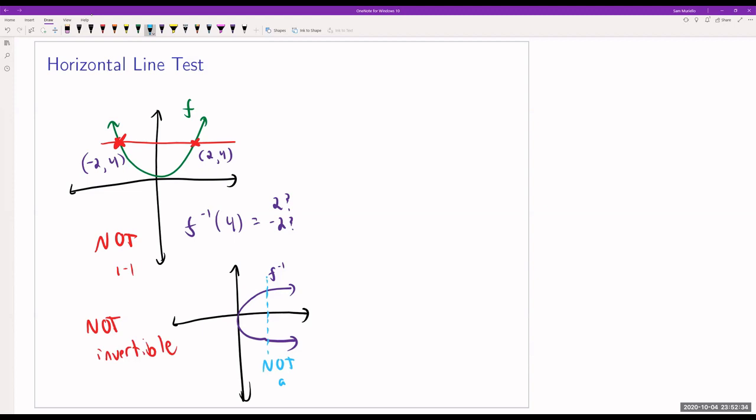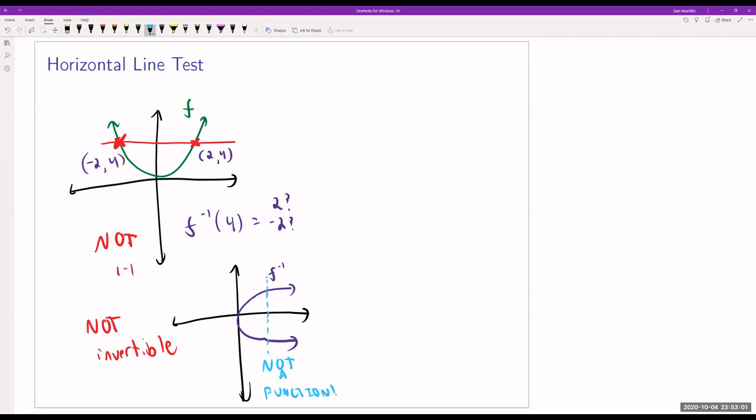Not a function. If we're not a function, then we can't possibly have an inverse. So if when you reflect it, you would fail the vertical line test, you're not invertible. And if reflection fails the vertical line test, that means the original would fail the horizontal line test.